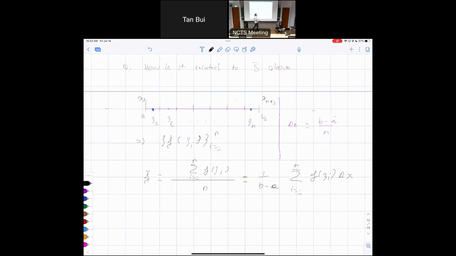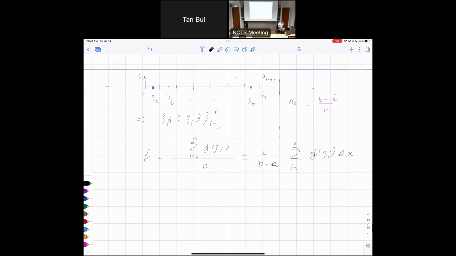As soon as you see this, you say, oh, this is a Riemann sum. If I take n to infinity, in other words, the partition size delta x goes to 0, this becomes an integral. Everybody see that?